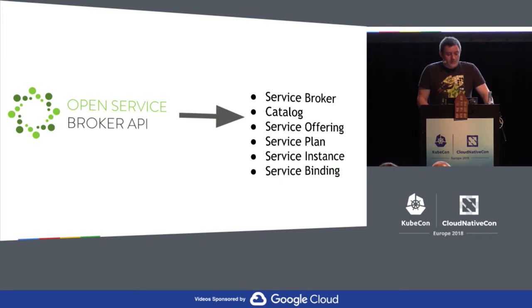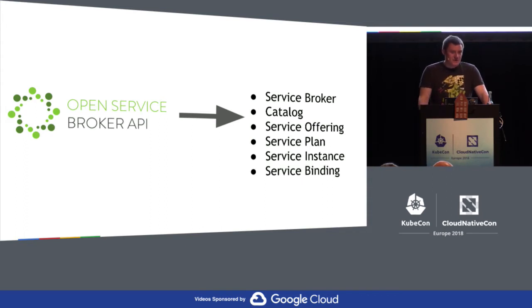So OSB API has nouns and verbs. The nouns here are a service broker, right? It's the thing that you actually talk to from some platform. And the broker provides a catalog, which is the offerings, what it actually can do. A service offering is a type of service.